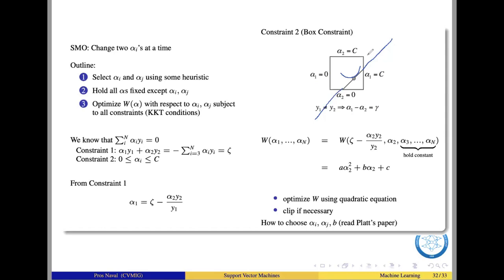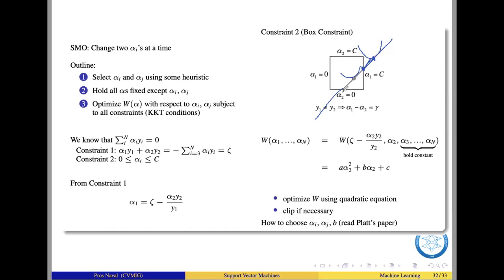Now if you have, for example, this quadratic equation, and the solution, this is your minimum point. Remember, this is a quadratic equation. So this is the minimum point. It's outside the box. What do we do? You set it to this point. Since it's outside the box, you put it here. You transfer it here for your next iteration, because if you retain this, you'll be violating the constraint.